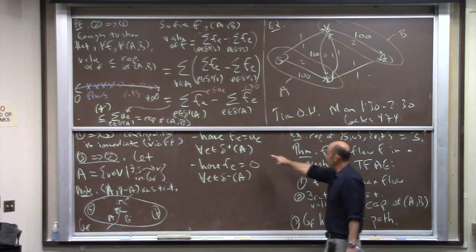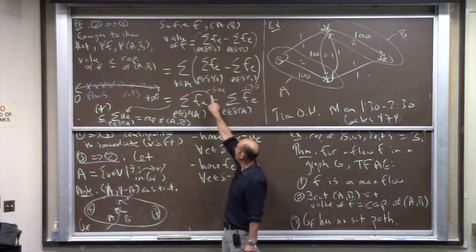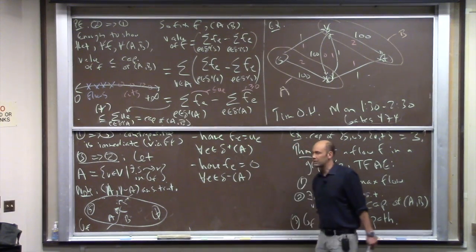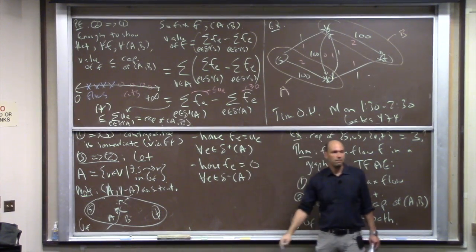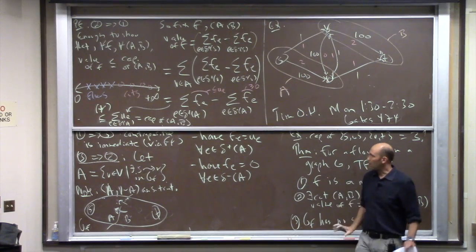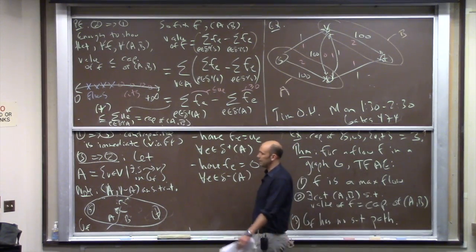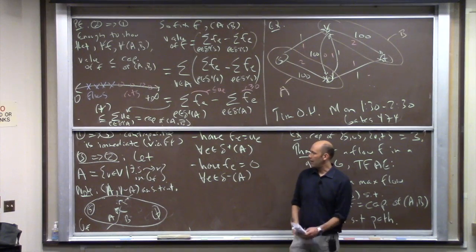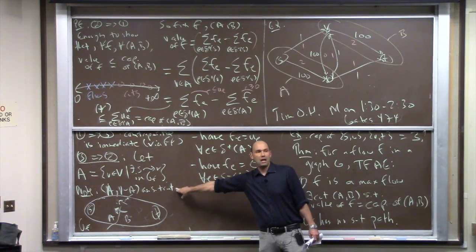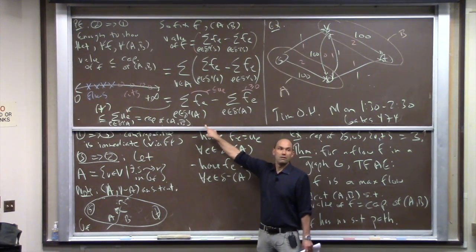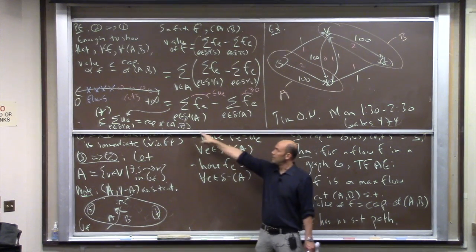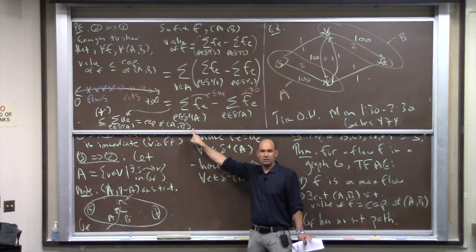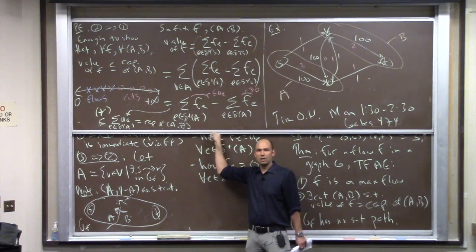For everything sticking out, we actually have Fe equals Ue. The flow equals the capacity. For everything sticking in, we actually have that the flow is 0. So for a general flow and a general cut, you just have an inequality like that. For this particular flow F and this particular choice of a cut, everything here is an equality. There's no inequality. It's all equations. So that means that the value of the flow that we started with equals the capacity of this cut A, V minus A, which is what we were trying to prove.